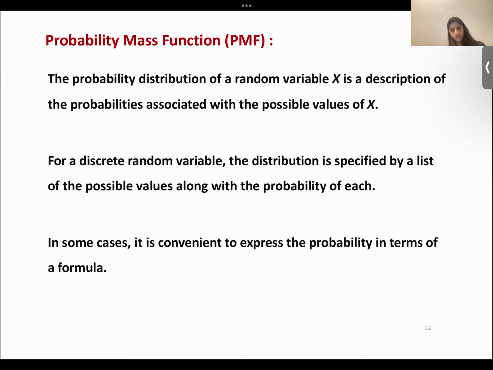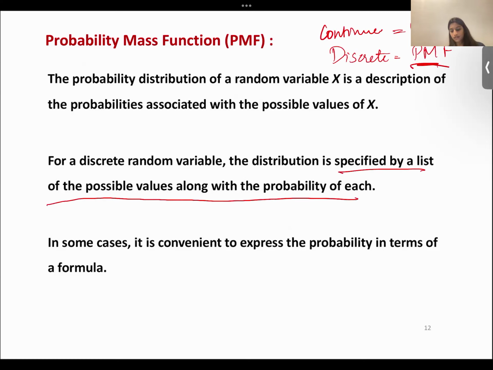So for a continuous random variable, you had something called the probability density function. But in the case of discrete random variables, you have something called the probability mass function. This distribution is specified by a list of all possible values along with the probability of each outcome.